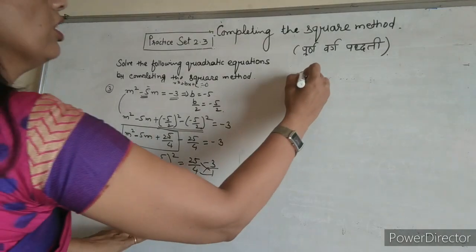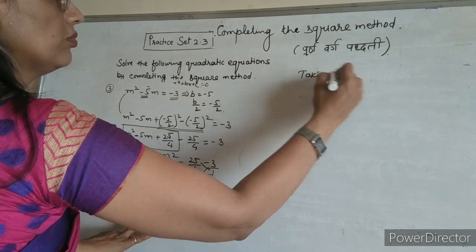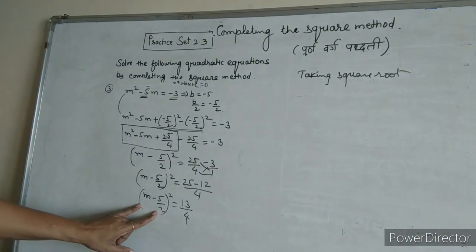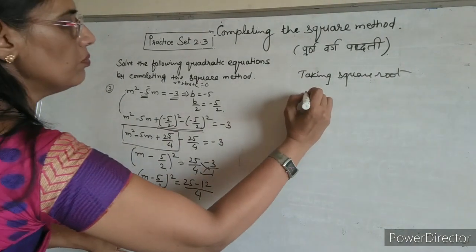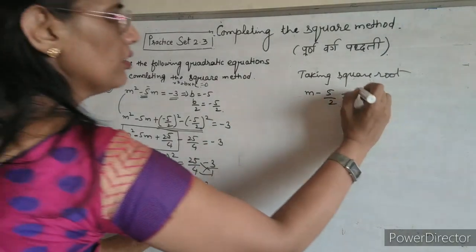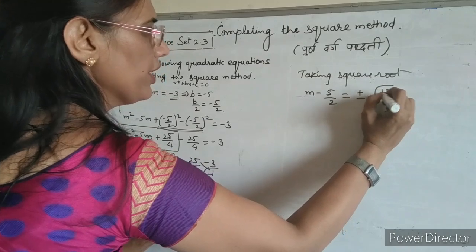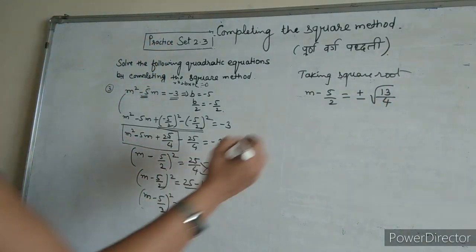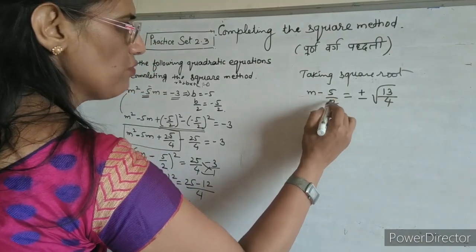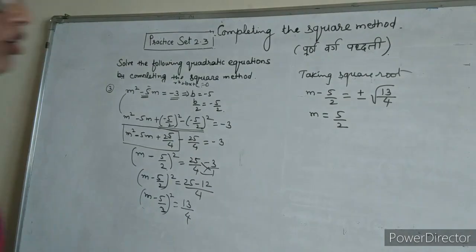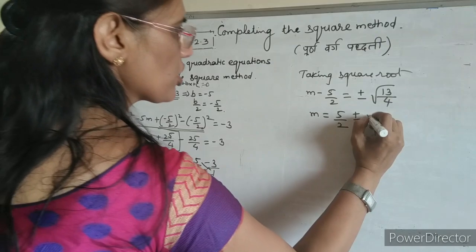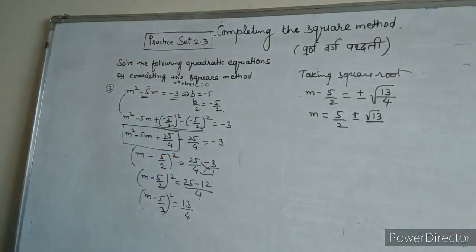Now taking the square root, we get m minus 5 upon 2 is equal to plus minus square root 13 upon 4, right? So we get m is equal to 5 upon 2, transferred, plus minus square root 13, and we know the square root of 4 is what?